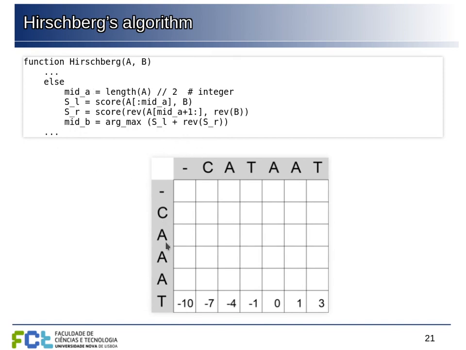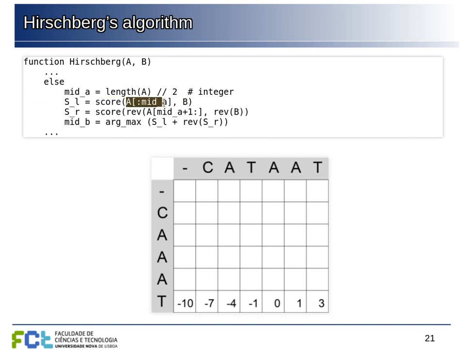If we have the complete sequence for A, then we would have this score, which tells us what is the score if we align A with just this gap. So A is aligned with all gaps. This gives us -10. Or if we align A with just this part of B, just the C, this gives us a -7 at most. If we align A with CA, and so forth. So this is what this score means.